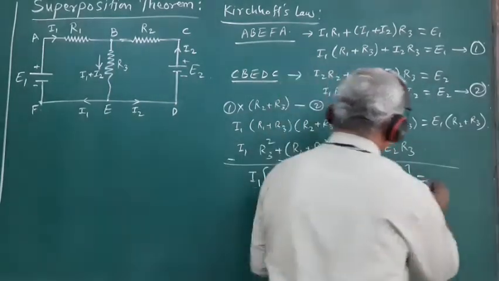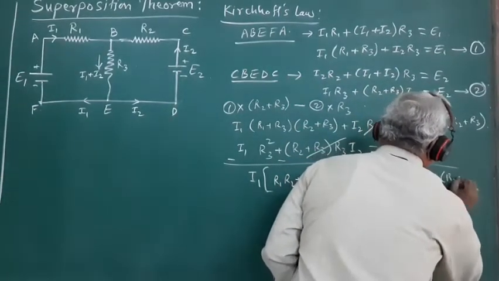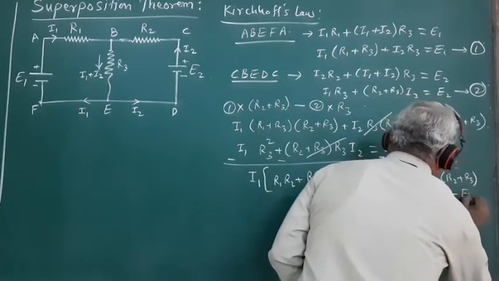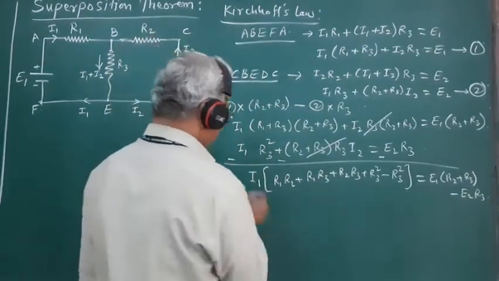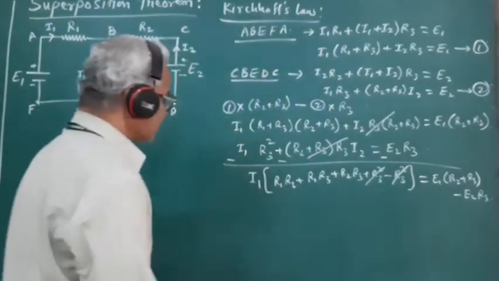is equal to E1 into (R2 plus R3) minus E2 R3. So this plus R3 square minus R3 square will cancel.